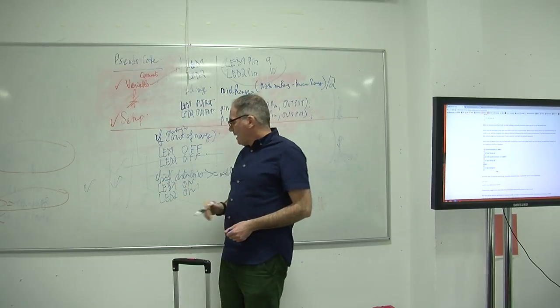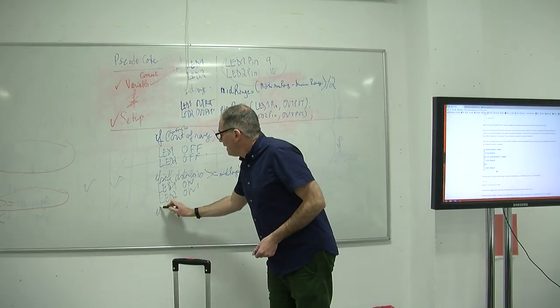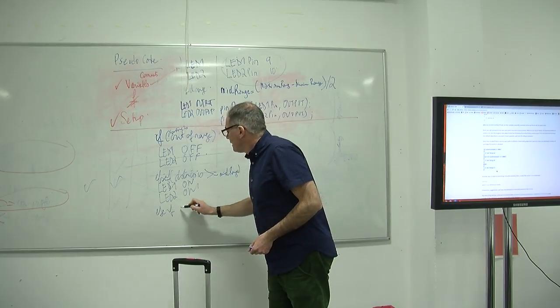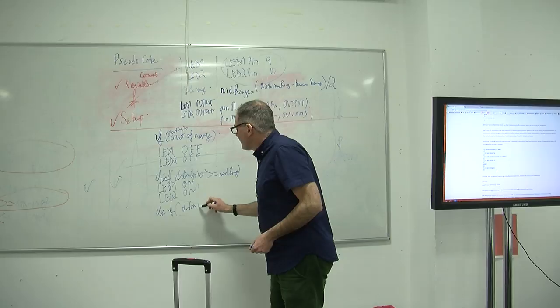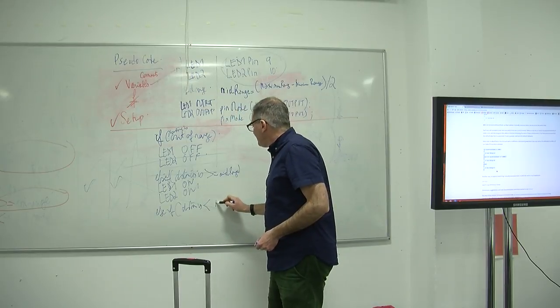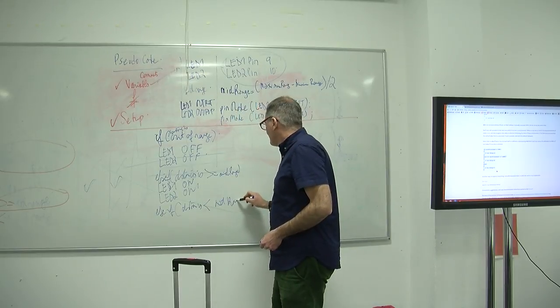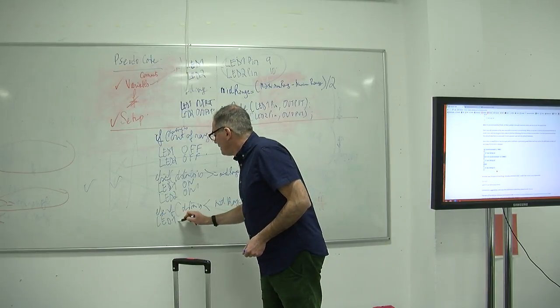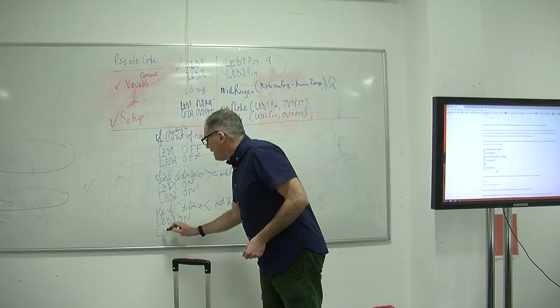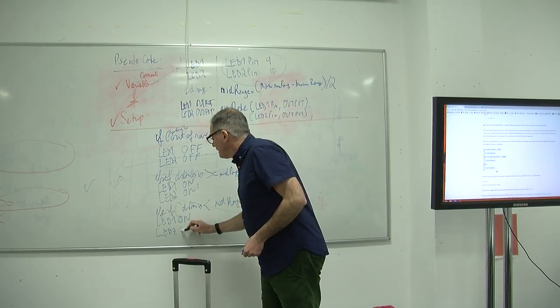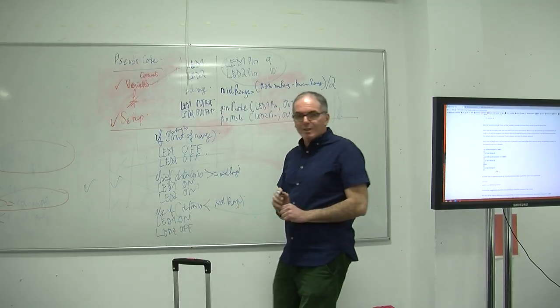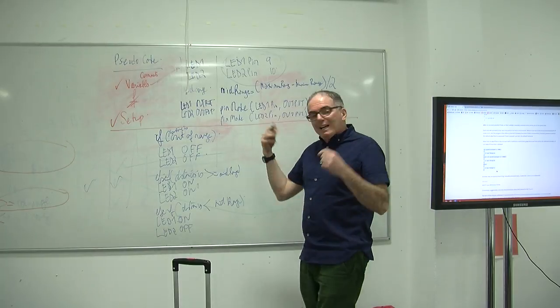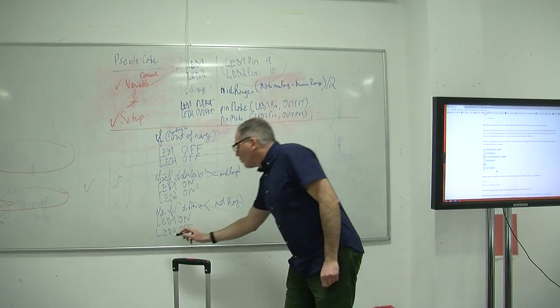Yeah? And else if distance is less than mid-range, we have LED1 is on and LED2 is off. Okay? And we can add a last condition where we say else.